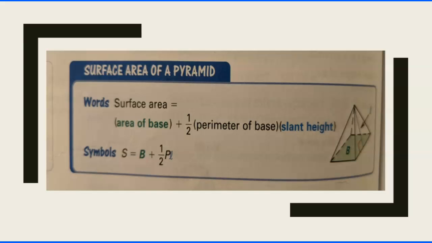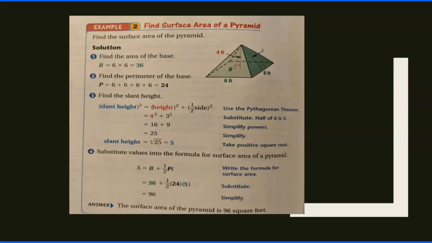So now let's do an example with that. Find the surface area of a pyramid, and you're going to need a couple of steps. If you remember back in our algebra days, sometimes we had multiple steps. So I'm going to go through this example, and then I'm going to do one of the checkpoints so that hopefully you understand it.